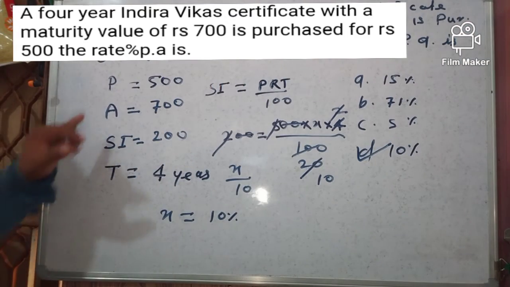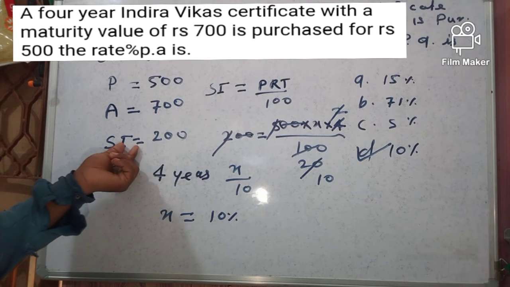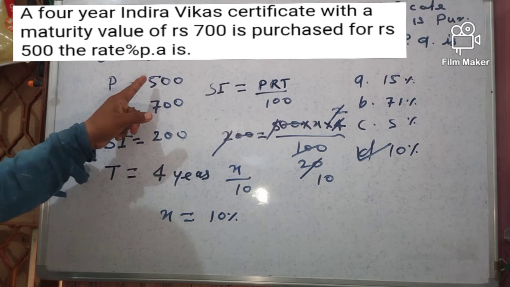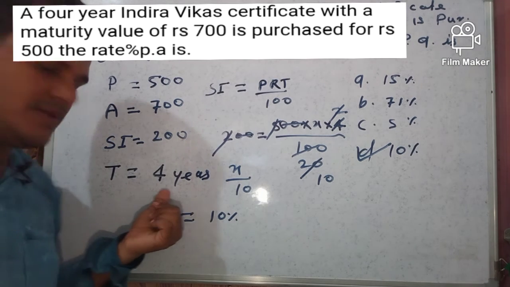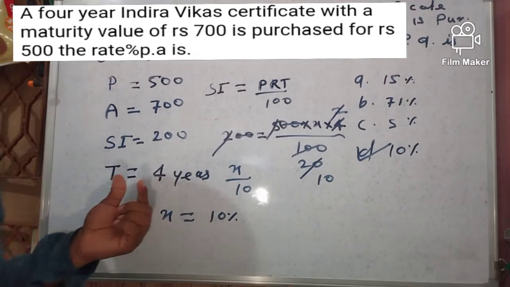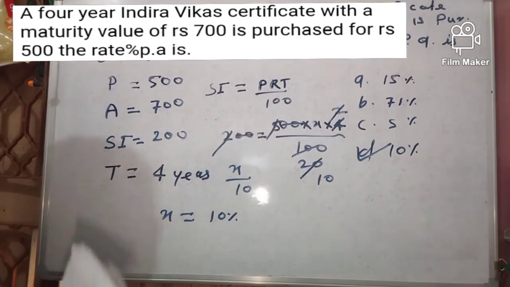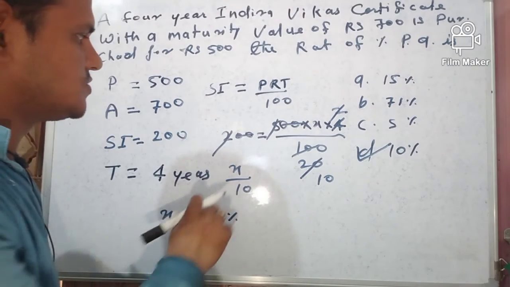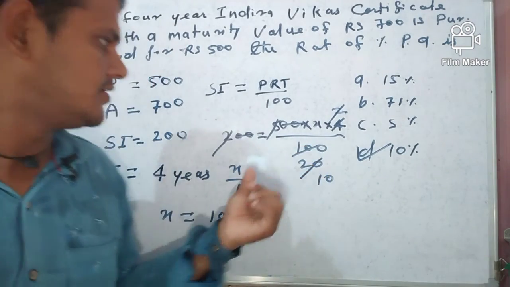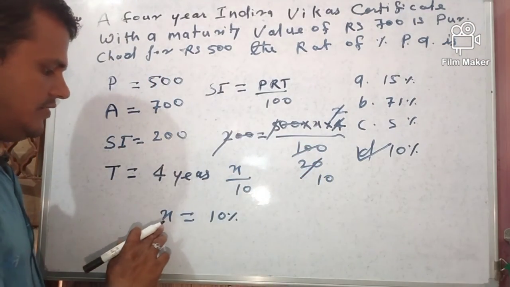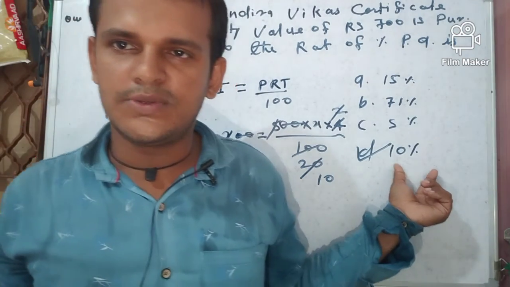See here friends, principal is 500, simple interest is 200, and 500 plus 200 gives amount 700. Time duration is 4 years. Our target is to find only x. So 200 equals 500 into x into 4 by 100. After calculating, we found x equals 10%. So our answer is option D.